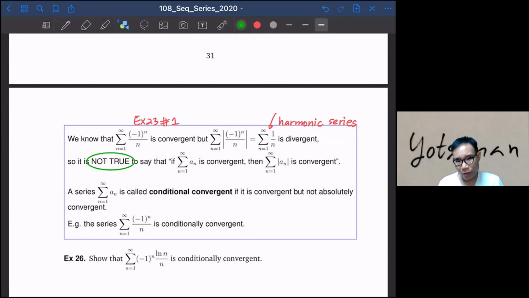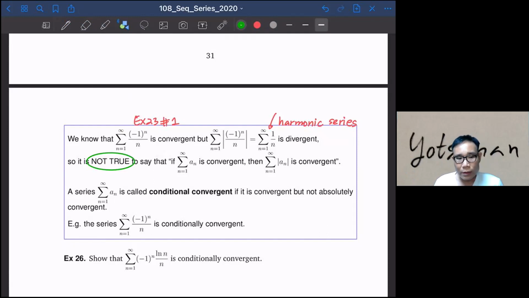If your series itself is convergent, you cannot say anything about the series of absolute value. It can be convergent or it can be divergent.